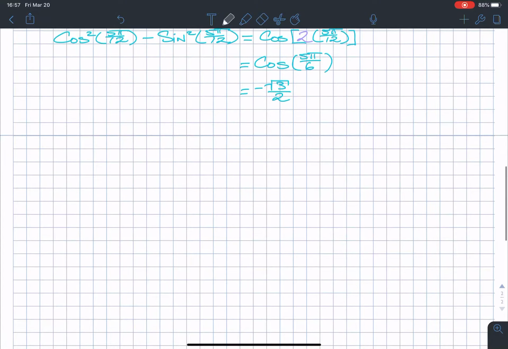Okay, let's do number 2. Let's say we have 4 sine of pi over 12 cosine of pi over 12.